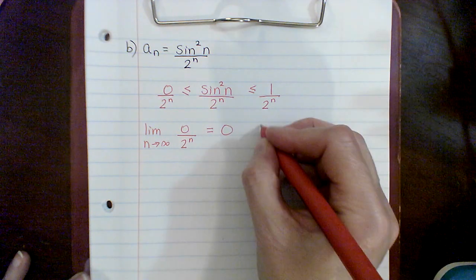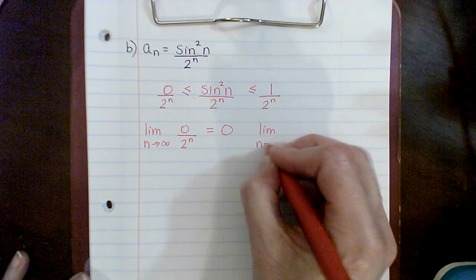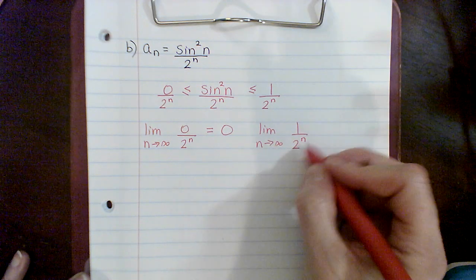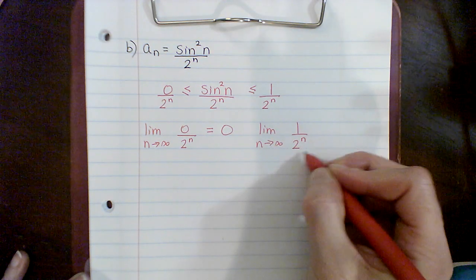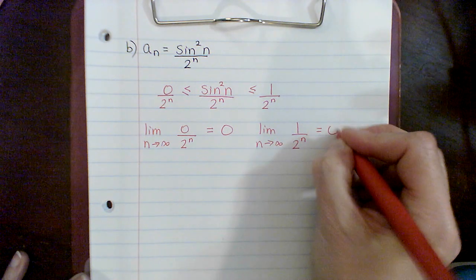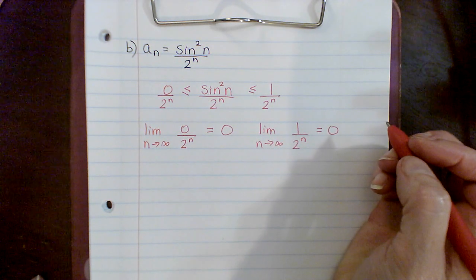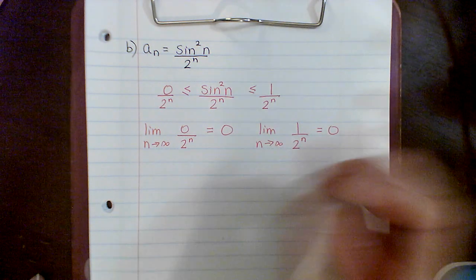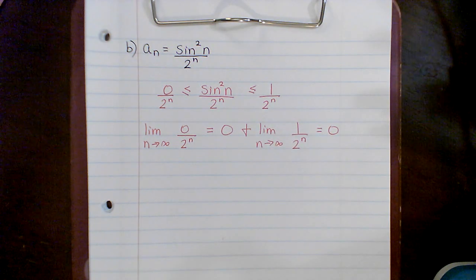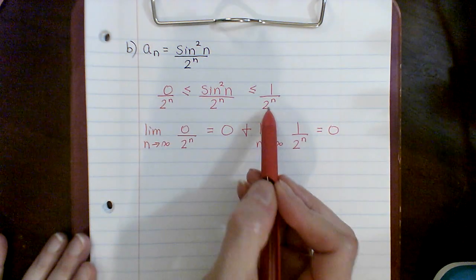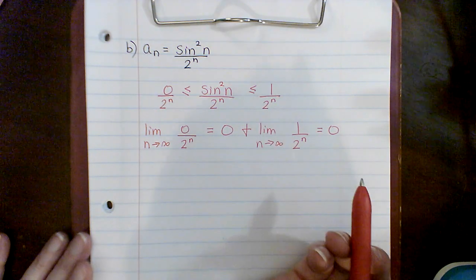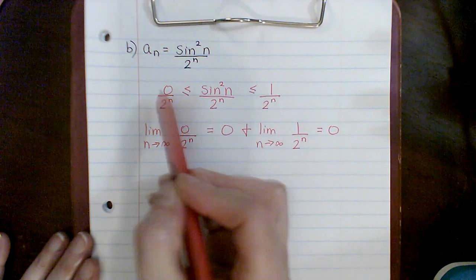And the limit as n goes to infinity of 1 over 2 to the n: the 2 to the n is going to infinity, and remember, 1 over infinitely large is going to go to 0. So that's an "and" sign, not a plus sign. This goes to 0 and this goes to 0, and this is between these two for all values of n, because I know that the sine squared function is locked in between 0 and 1.